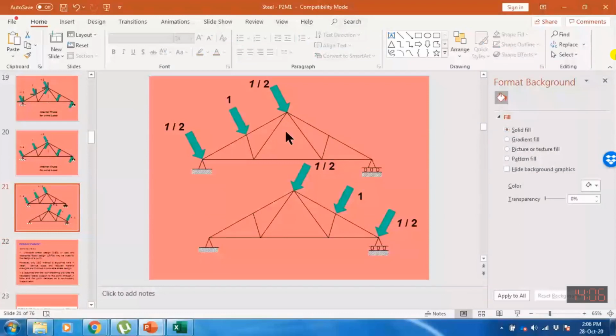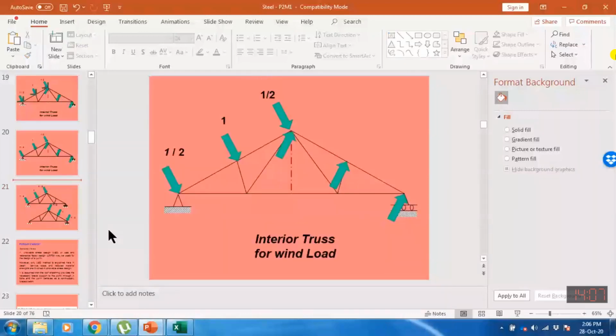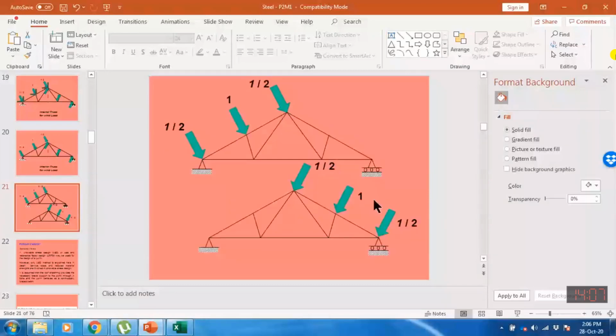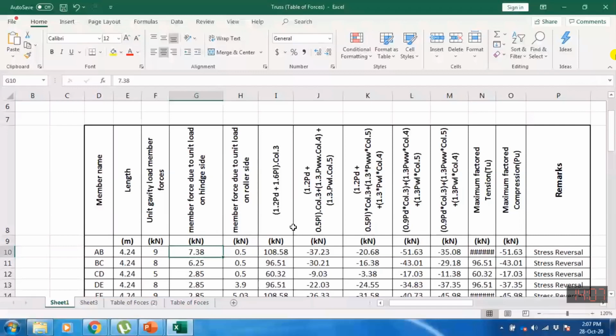But you don't need to multiply this wind load analysis with -1 because the PWL levered forces are already having negative sign. Okay, here this is the unit wind load analysis when you consider the unit wind load acting only from the roller side. So he has written the forces over here.